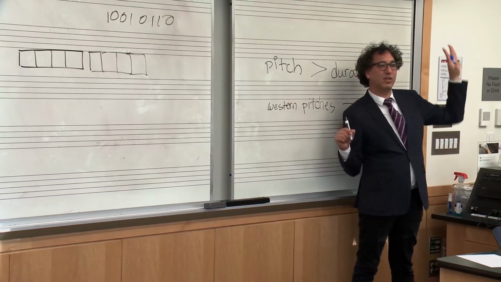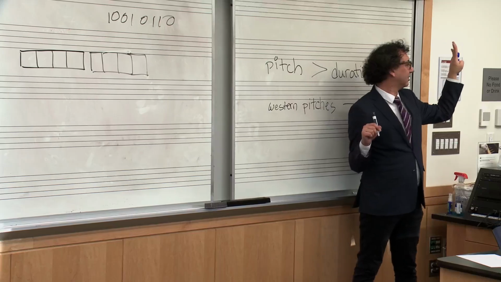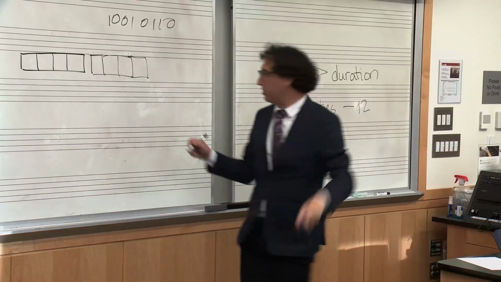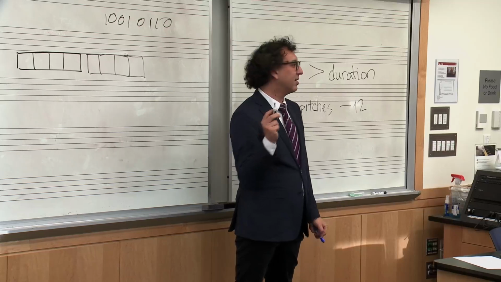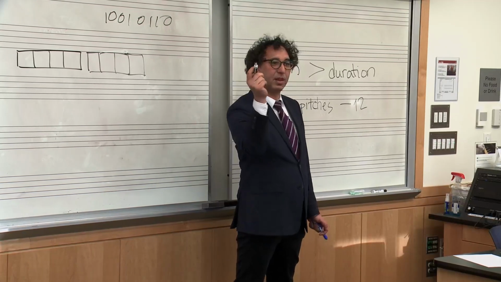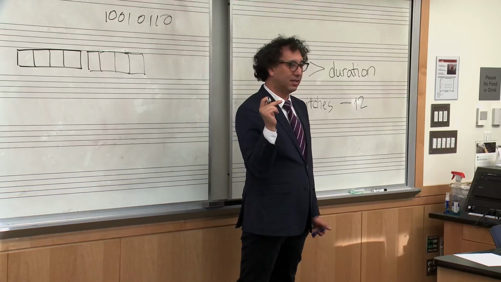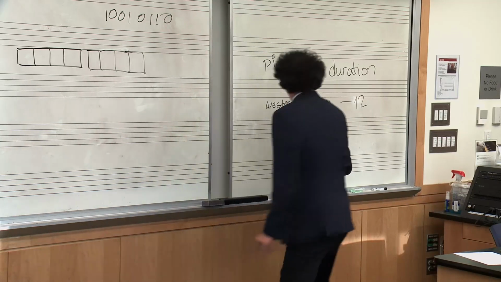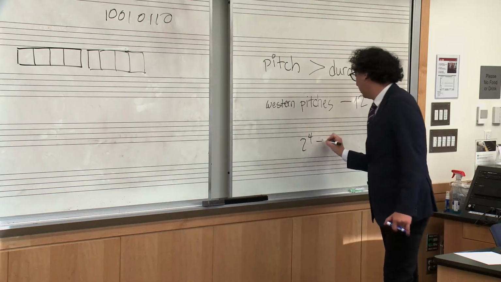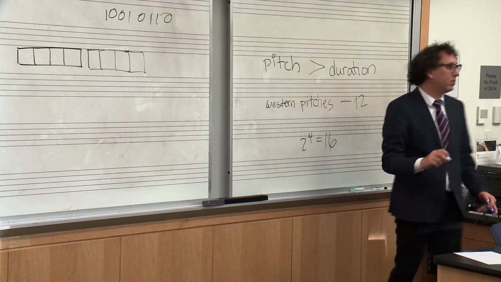Let's do fingers. Good. I see a lot of 4s, because why is it 4? Somebody explain. Anyone want to? Yeah, Jordan. 2 to the 4 is 16. So 2 to the 4 is 16, and what's that have to do with 12?